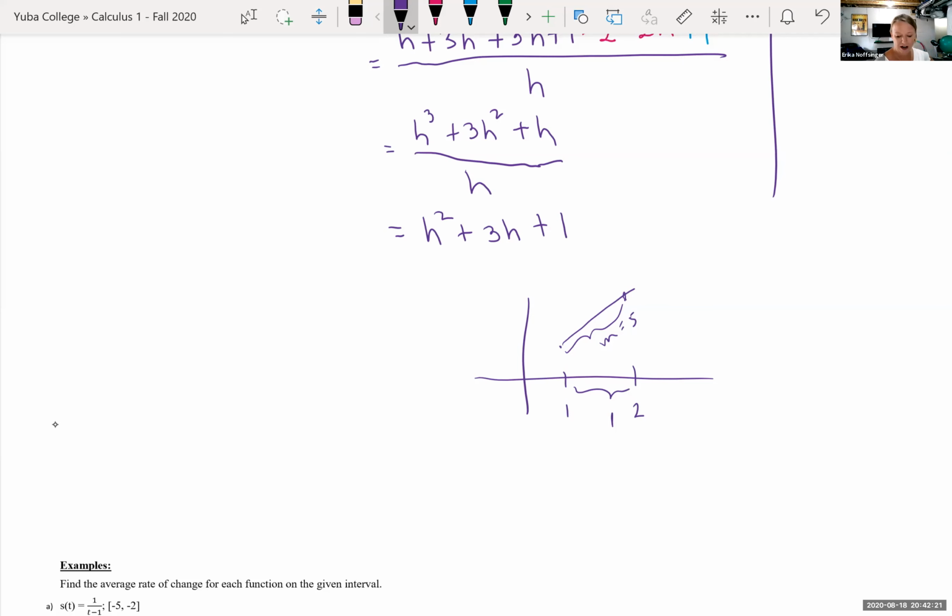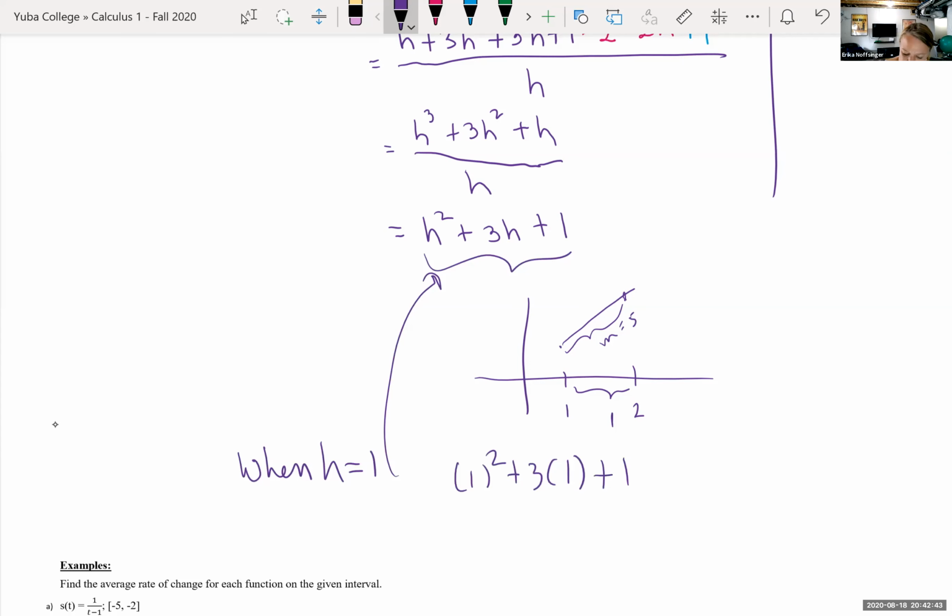If we go back in here and plug in 1 for x, notice what you get. h squared is 1 squared. So when h equals 1, we got 1 squared plus 3 times 1 plus 1, which is 5.